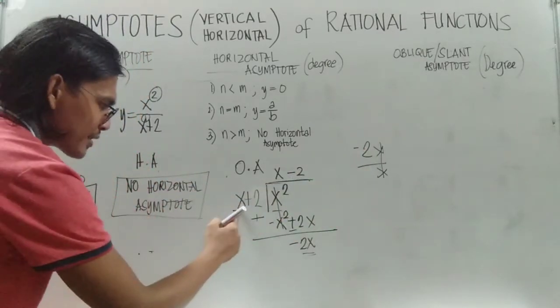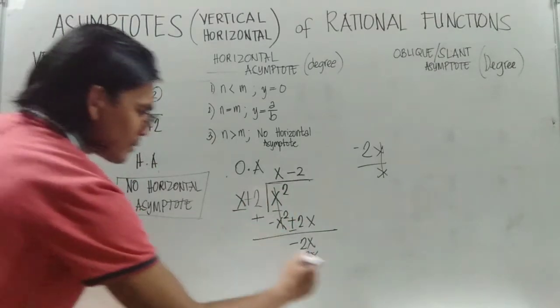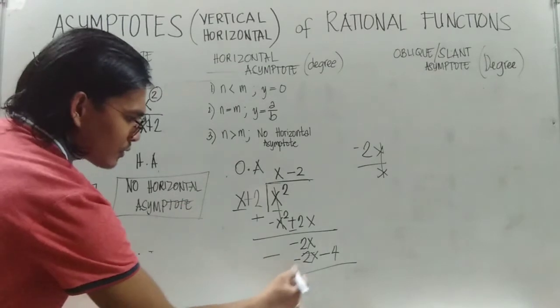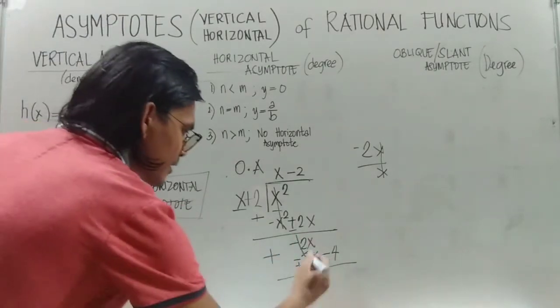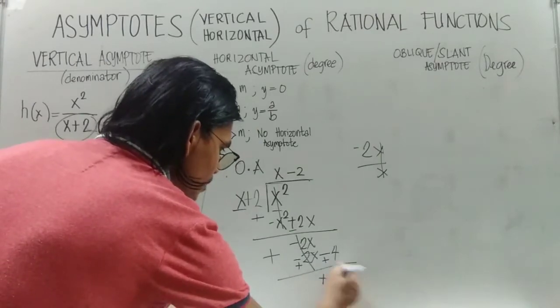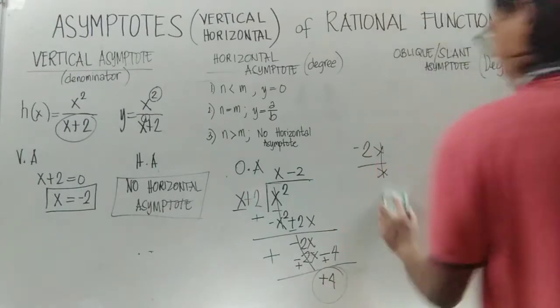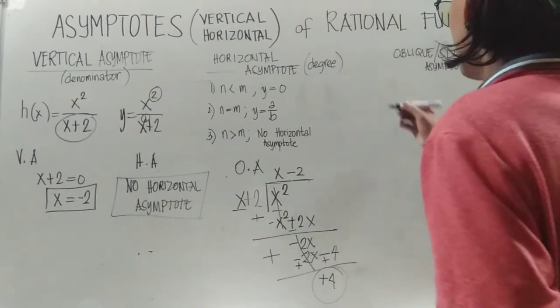Then negative 2 times x, of course, is negative 2x. Negative 2 times 2, we have negative 4. Subtract, change the sign of the subtrahend, and proceed to addition, cancel, so we have positive 4. We will ignore the remainder. The oblique asymptote is always in this form.